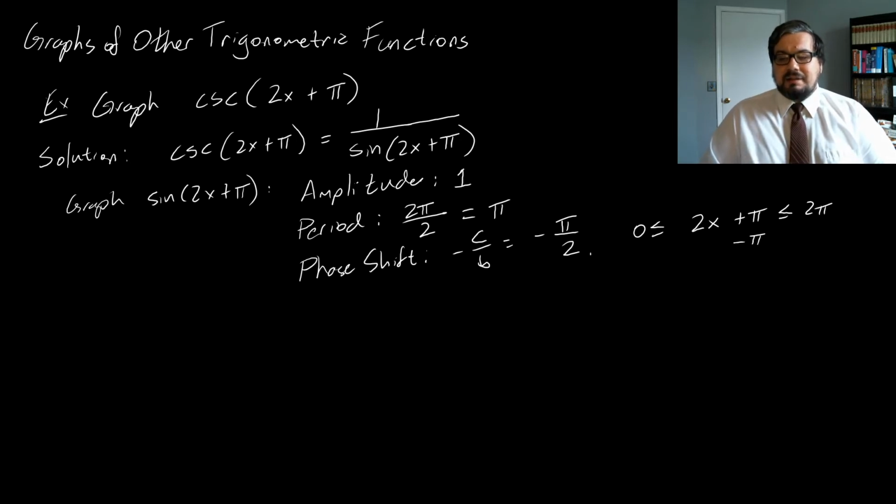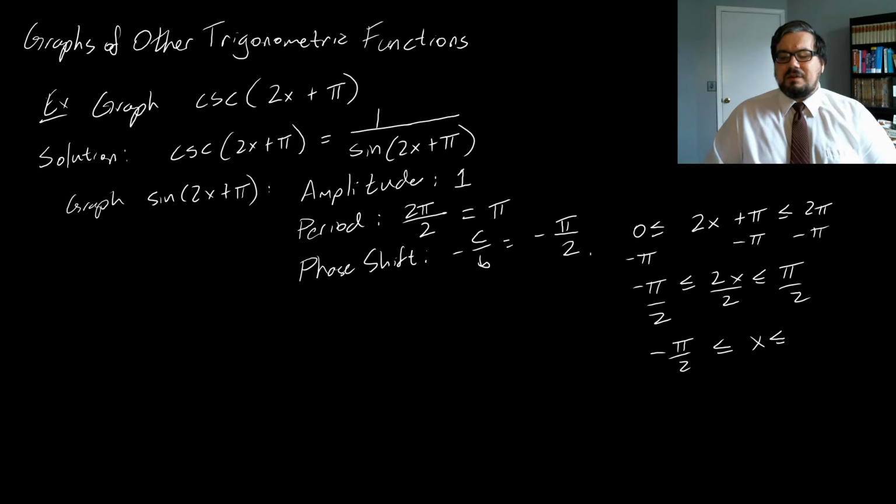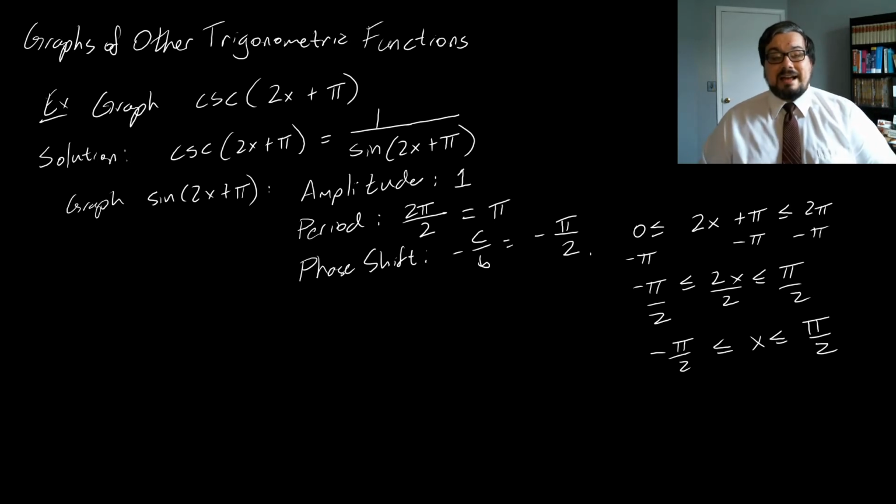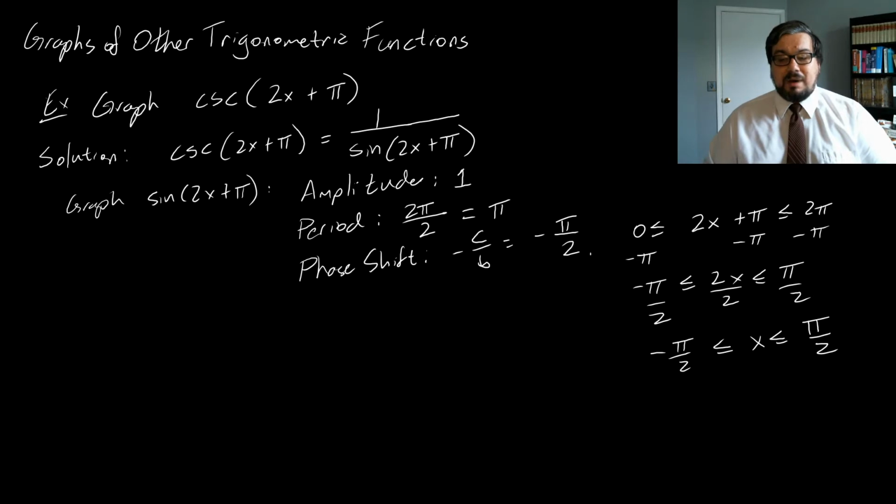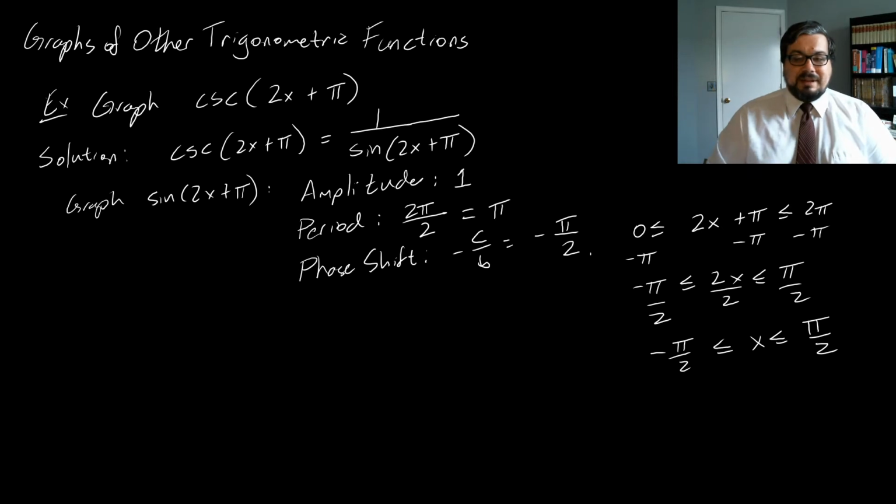And so we can solve this inequality, 0 less than or equal to 2x plus pi is less than or equal to 2 pi, to get that the same is going to happen as x in our problem goes from -pi/2 to pi/2. So that's what a single period of sine of 2x plus pi is going to lie on top of, the interval from -pi/2 to pi/2. So let's look at how that goes.